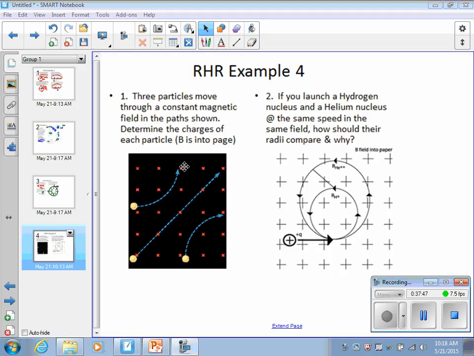Now, these charges are going through an external magnetic field, and so what is the direction of that external magnetic field? Into the board, right, and that is going to be my fingertips pointing into the board, yes? Okay, and we said for a circle going around like this, the force is going to be inwards, yes?